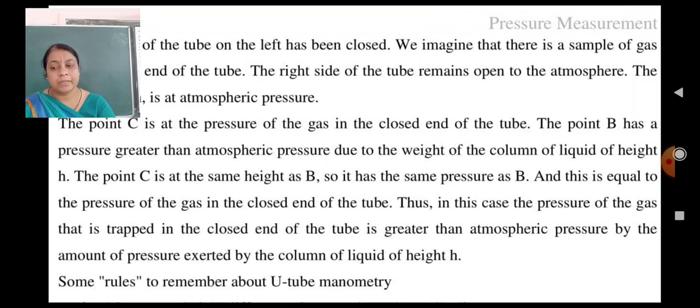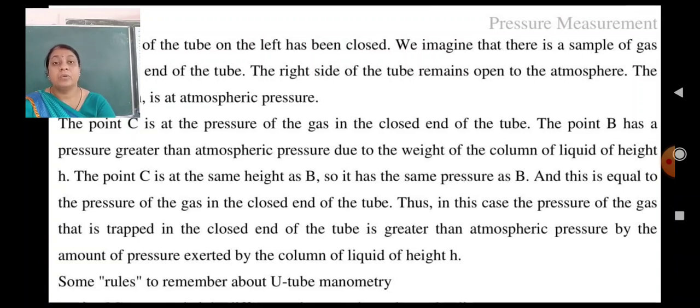Again, I repeat. The top of the tube on the left side has been closed. We imagine that there is a sample of gas in the closed end of the tube. The right side of the tube remains open to the atmosphere.